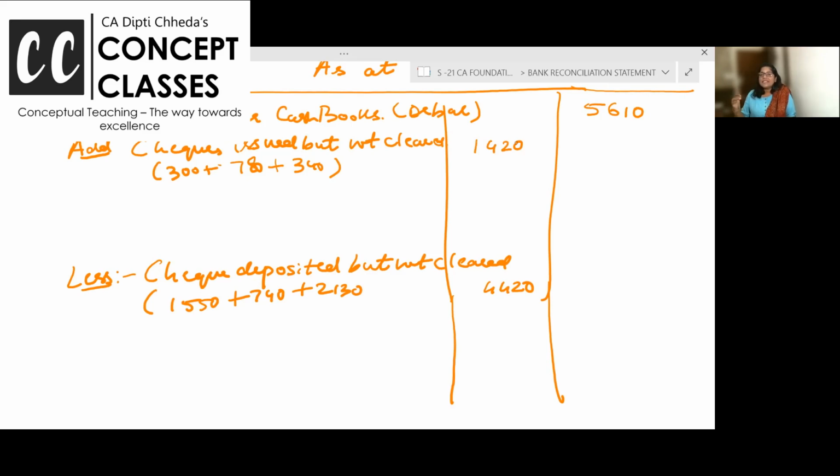300 rupees interest they have directly credited. We didn't debit. We will debit now. 300. Interest on securities. You know, journal entries, bank to interest on securities. So 300 debit kar do. Next is bank charges and LIC. They have debited. We didn't credit. Now if we credit, it will come on the left side because it's already a debit balance. So now credit.